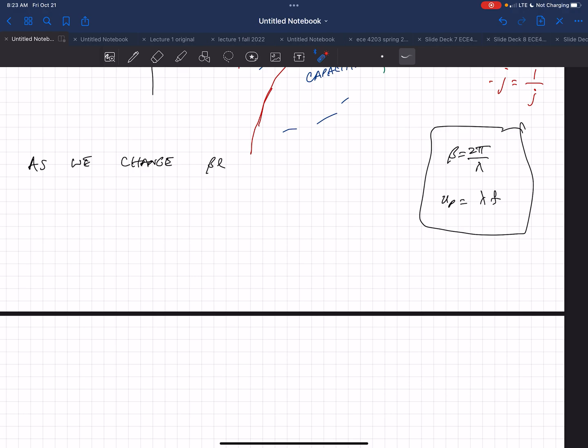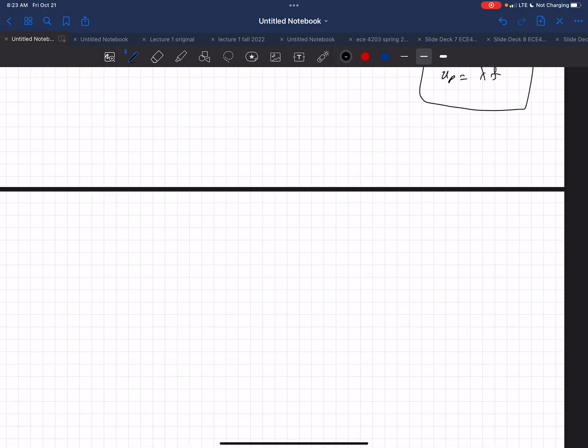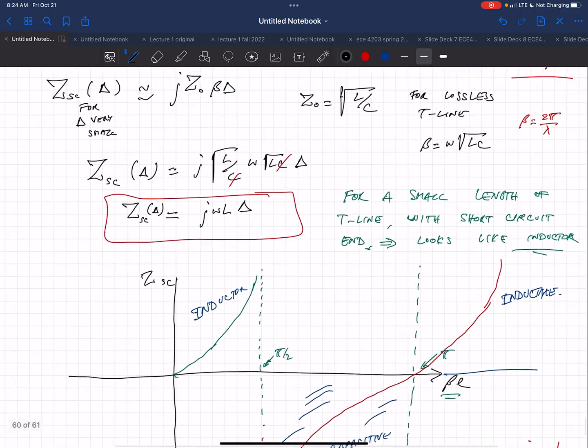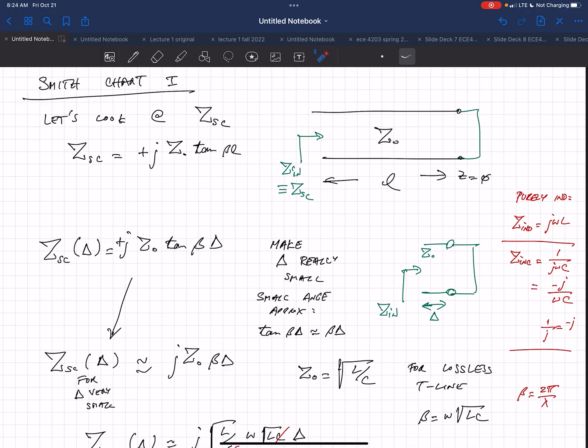Okay, let's now look at the equation again. If you have a transmission line of characteristic impedance Z0 and a short circuit load, the input impedance is plus j Z0 tangent of beta L. I'm just rewriting this equation up here.